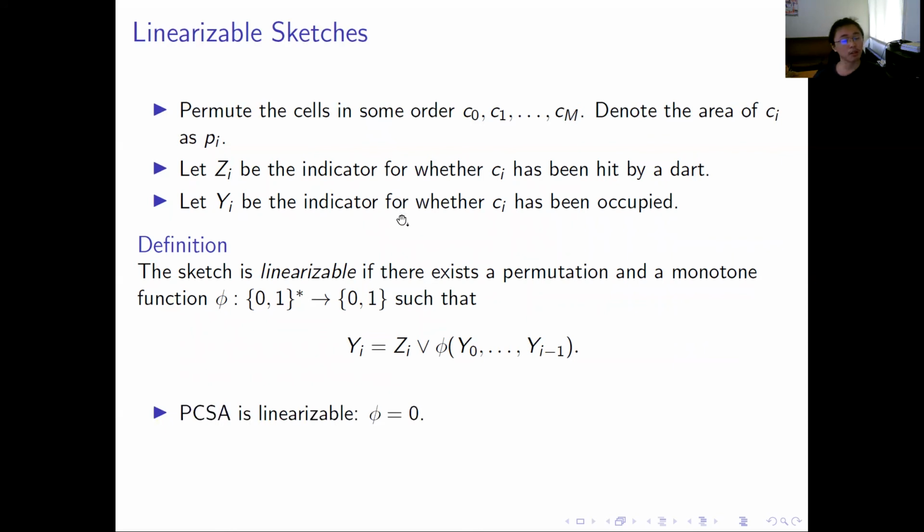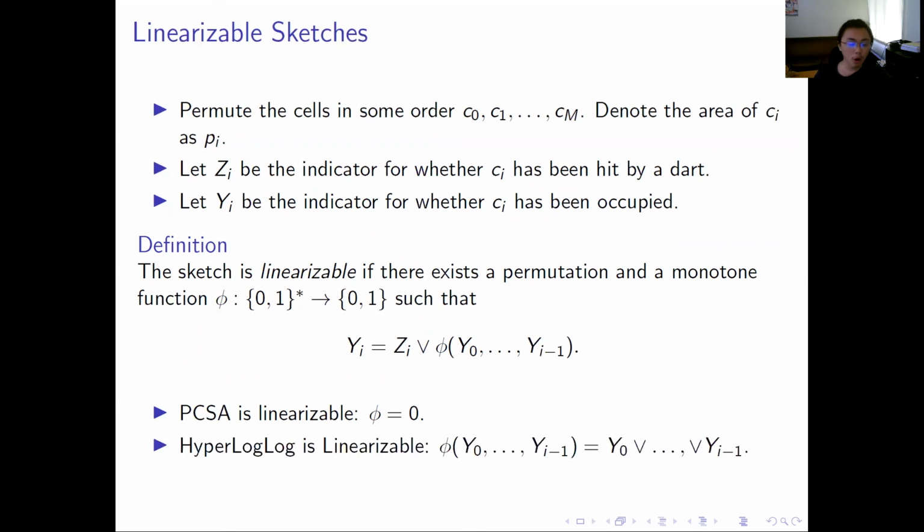Clearly, PCSA is linearizable because you can just write phi equals 0. Each cell, whether it's occupied or not, only depends on itself. And HyperLogLog is also linearizable because for every cell, whether it's occupied or not only depends on the cell before it and depends on all of it.